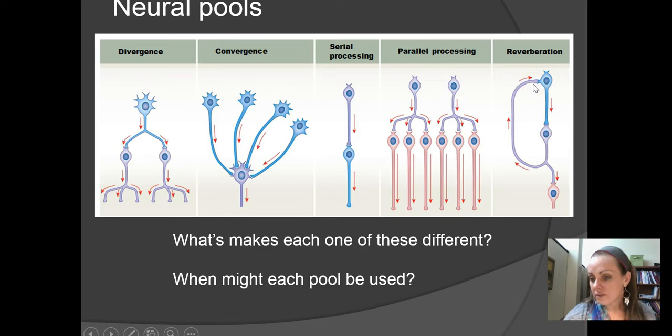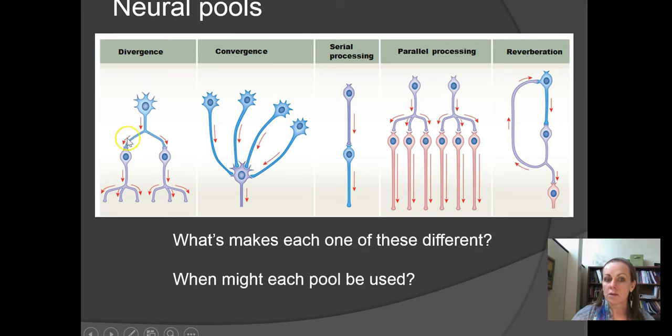So when are these sorts of things used? Well, divergence, one example could be that you have a sensation coming in, say you touch a hot stove. Well, you want to do several things with that information.